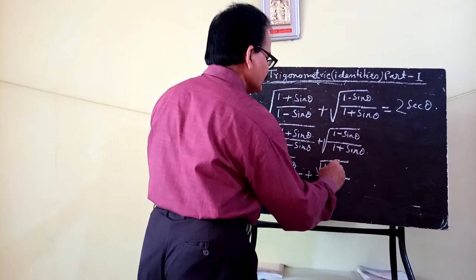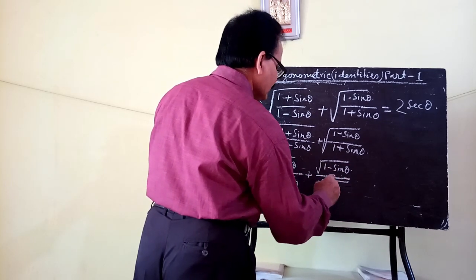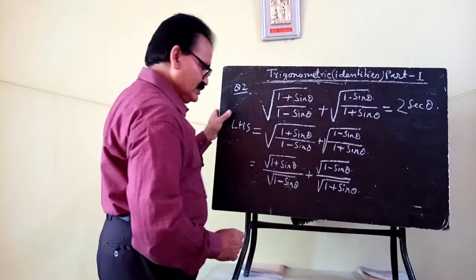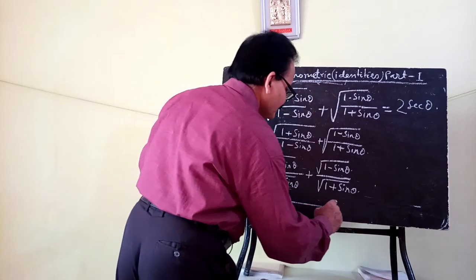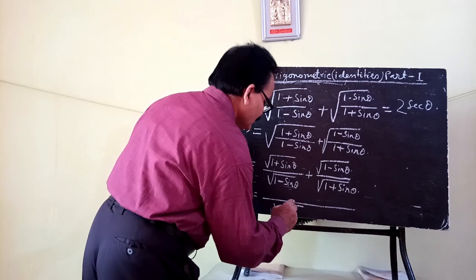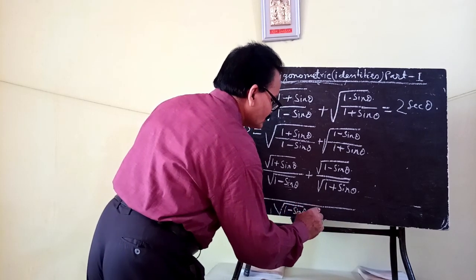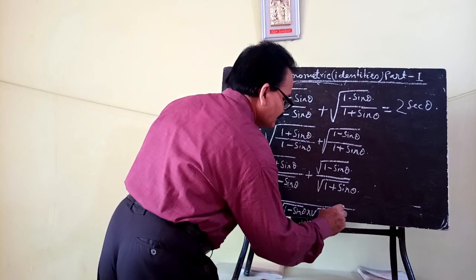In the numerator this is your square root of 1 minus sin theta, and in the denominator it is square root of 1 plus sin theta. Here you have to take now LCM. LCM is square root of 1 minus sin theta into square root of 1 plus sin theta.